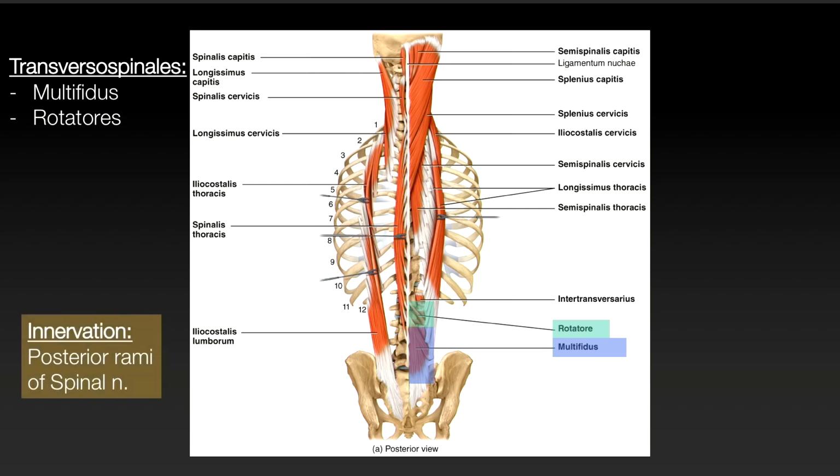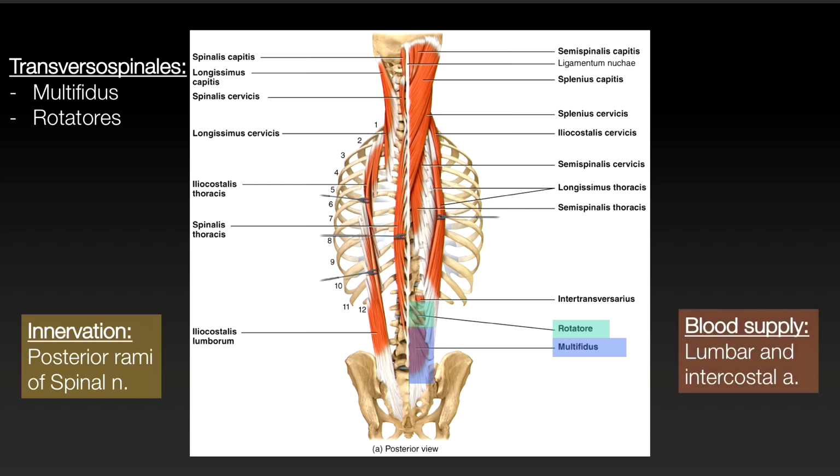Posterior rami, absolutely. Posterior rami of the spinal nerve. I like to think that you all knew that, but you just didn't want to single yourselves out, right? I get it. Posterior rami of the spinal nerves, absolutely. Innervate both of these muscles. Blood supply, lumbar and intercostal arteries. Very similar. You can see some parallels between the muscles that we've introduced here.